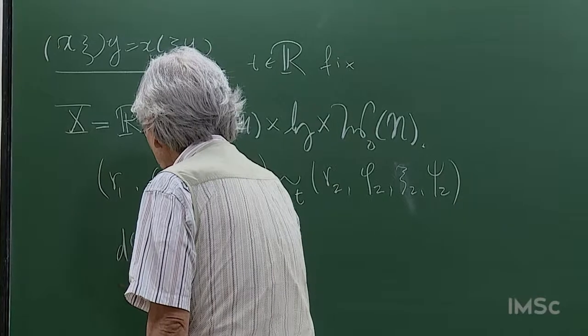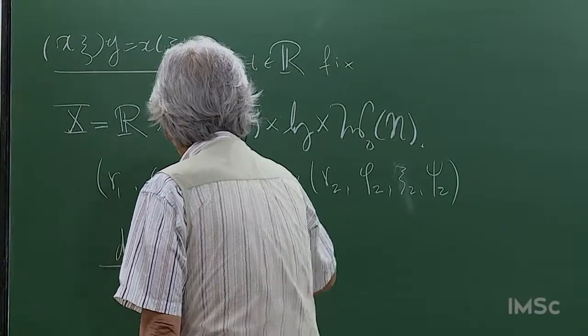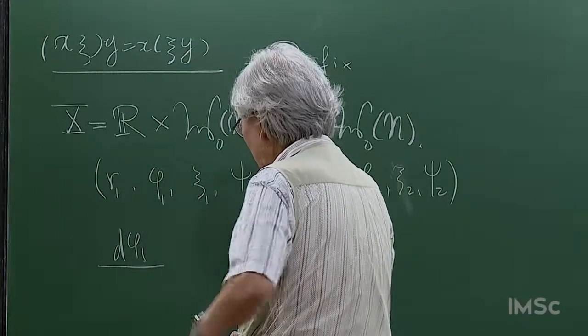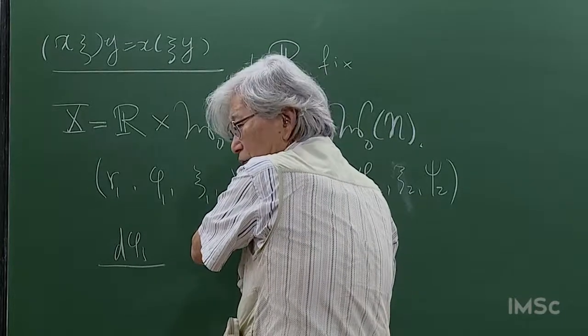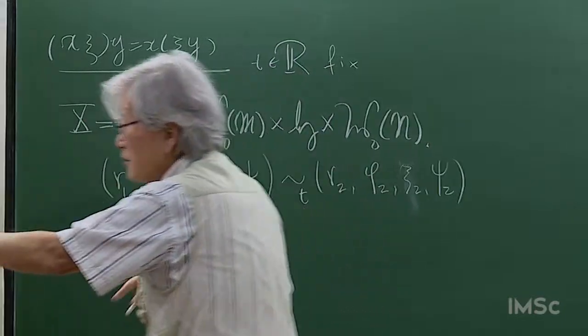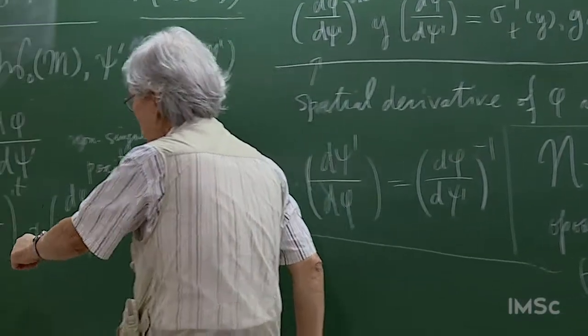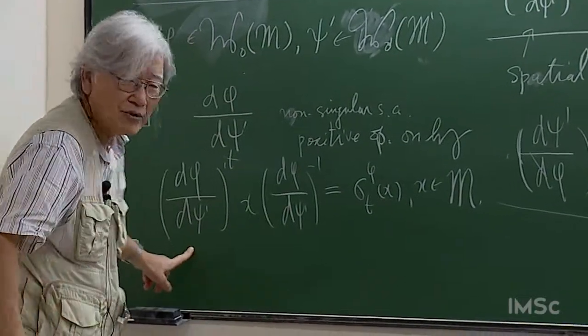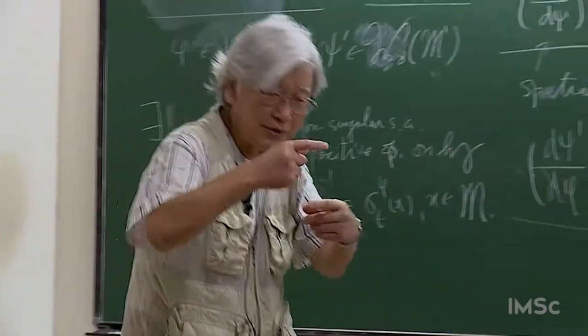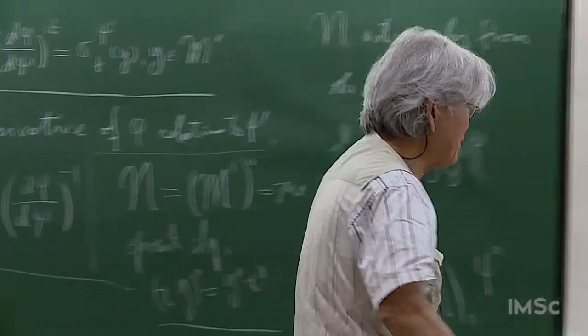Remember, this one is a weight on N, and the spatial derivative is relative to the weight on N prime, so we consider the opposite of that.